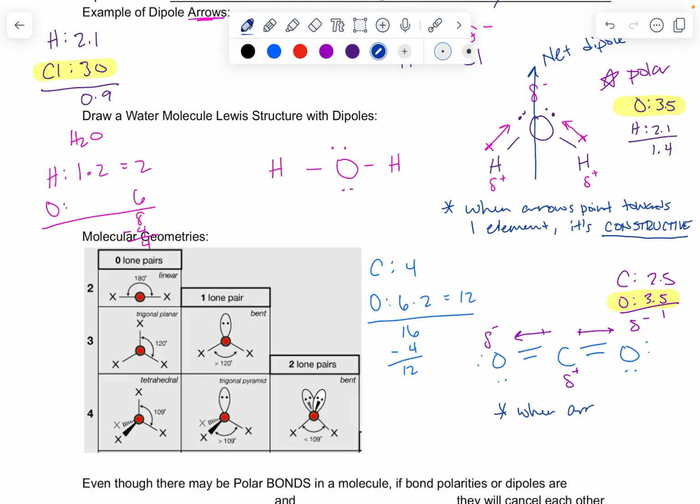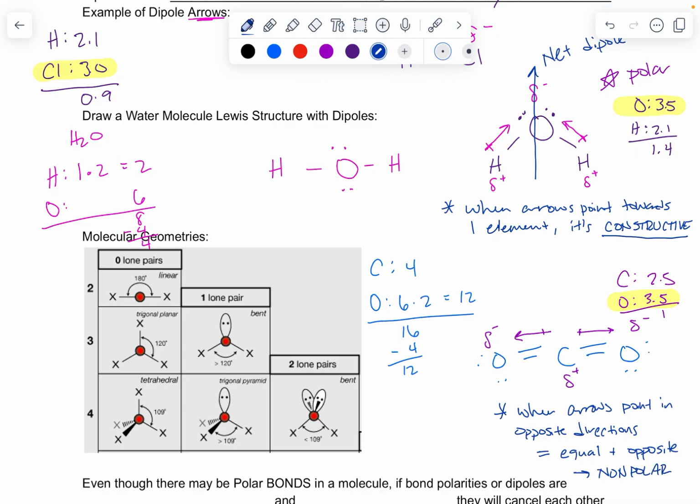When arrows point in opposite directions, this is called equal and opposite. Equal and opposite, which means it is non-polar.